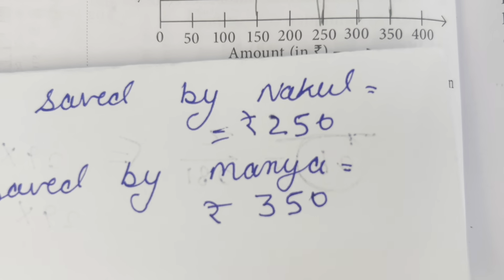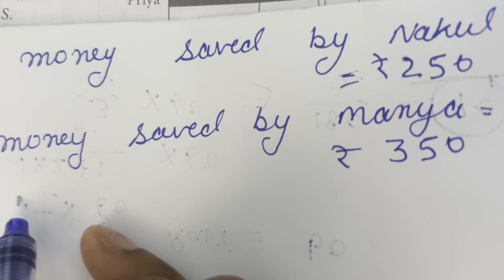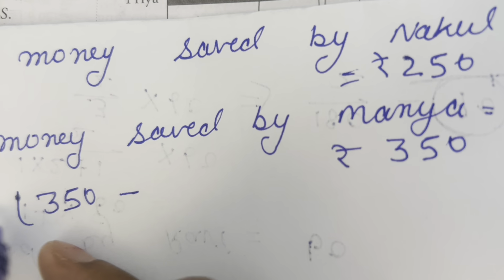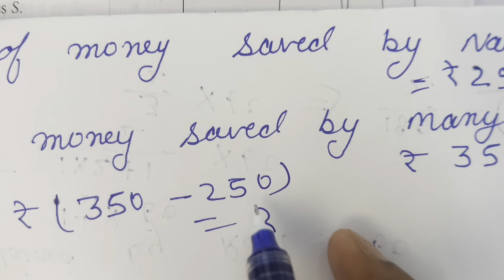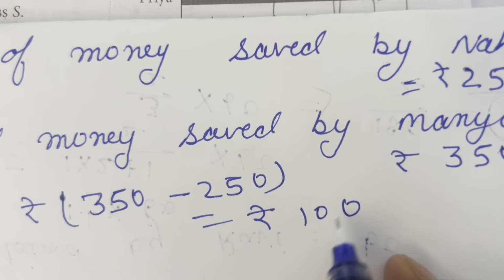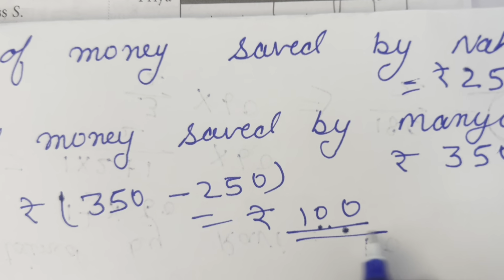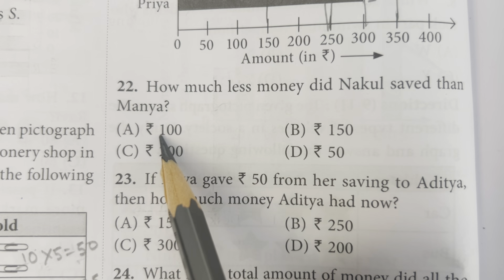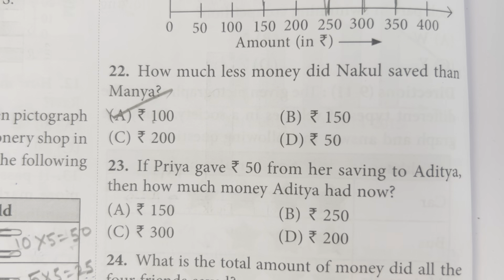To find how much less money Nakul saved, we subtract 350 minus 250, that is equal to rupees 100. So Nakul saved rupees 100 less money than Manya. Is it clear? So rupees 100 is in option A. So option A is the right option for question number 22.